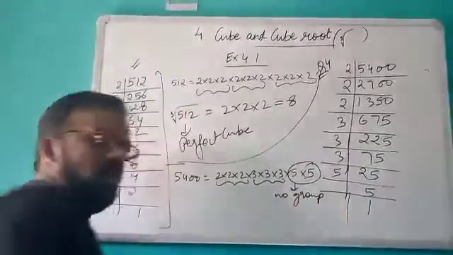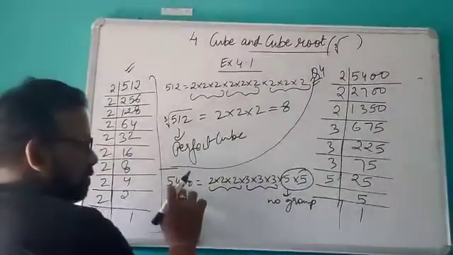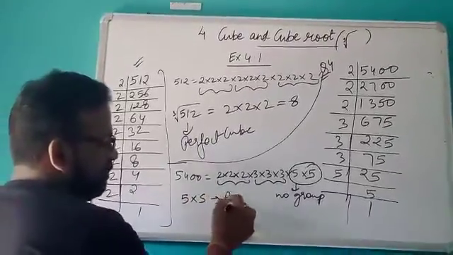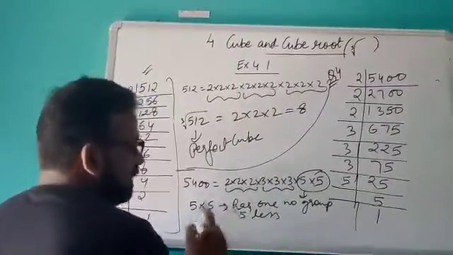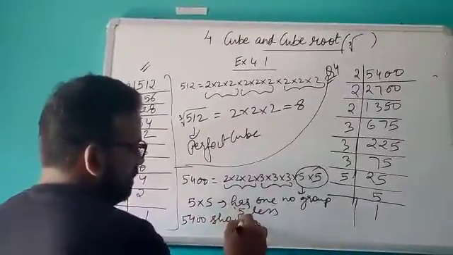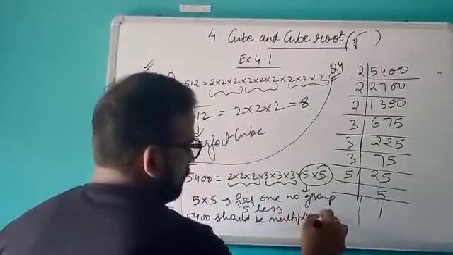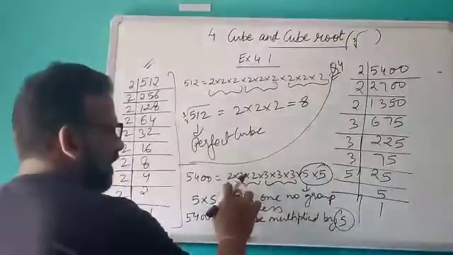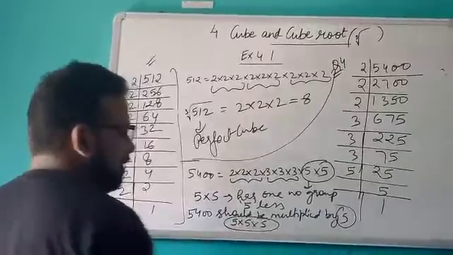So we have to see by what number this should be multiplied. This 5 into 5 has one 5 less. So 5400 should be multiplied by what? We have to multiply it by 5. When you multiply this by 5, all the groups of the prime factors will form.